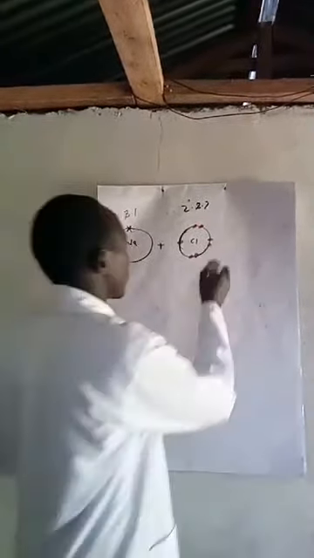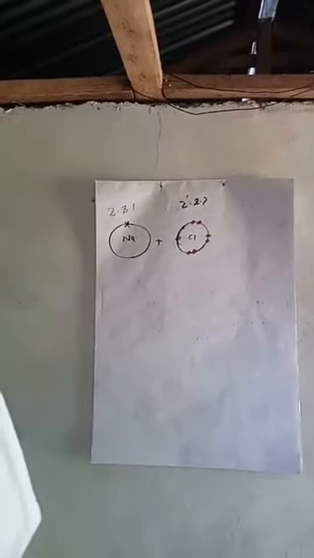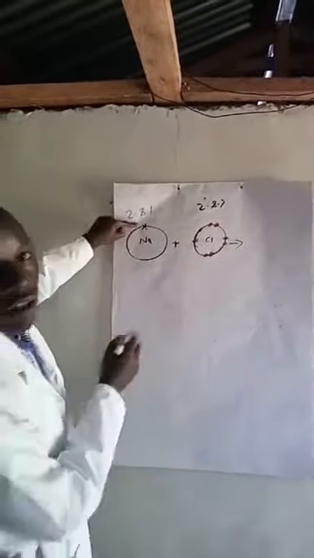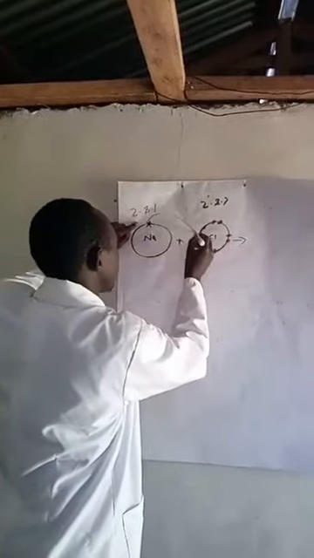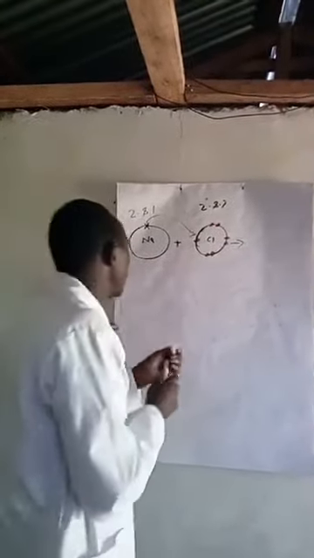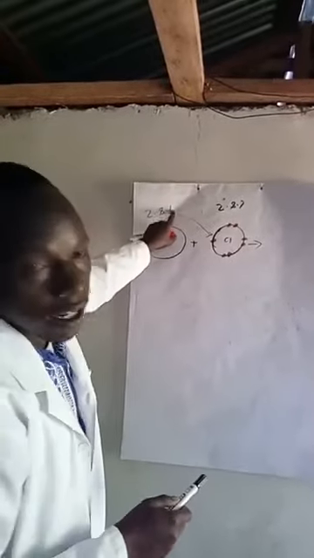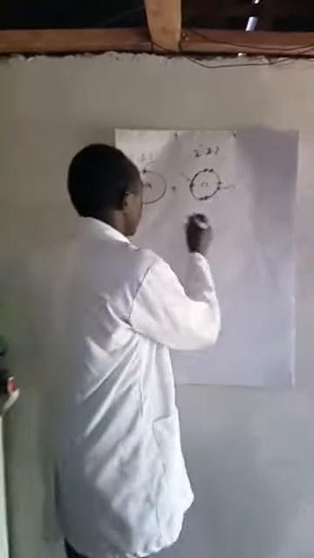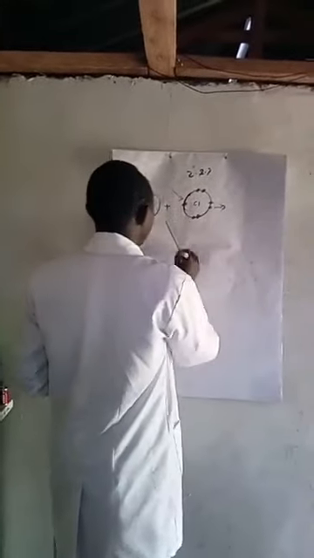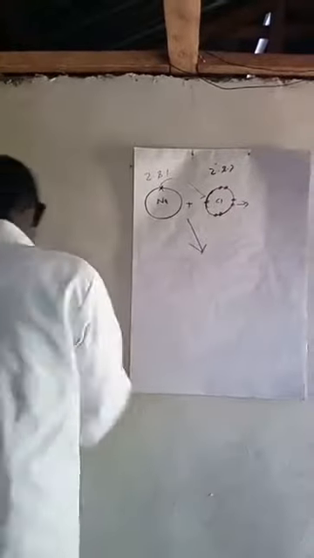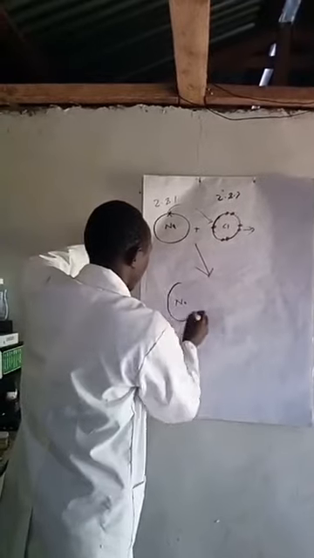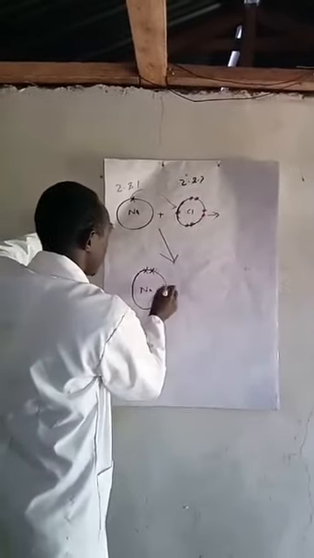Now when these two combine, sodium will lose this one electron, which will be transferred here. Sodium was 2,8,1. When it loses one electron, it becomes 2,8. So let me draw it down here. Sodium will remain with 8.